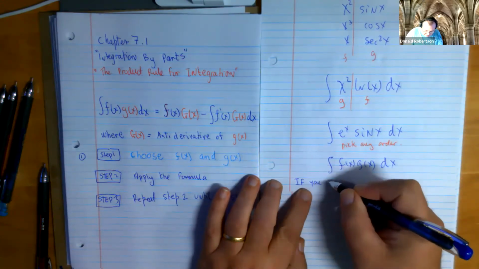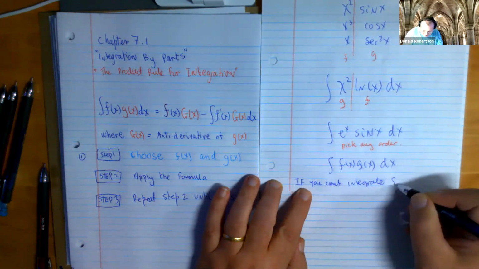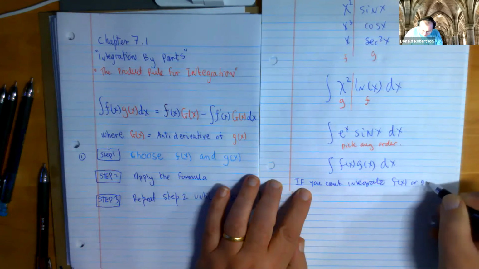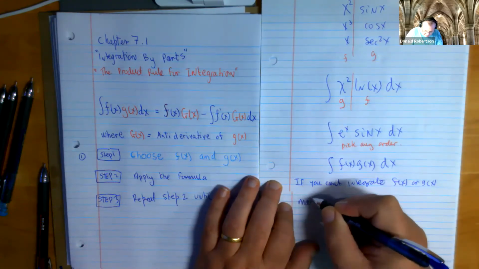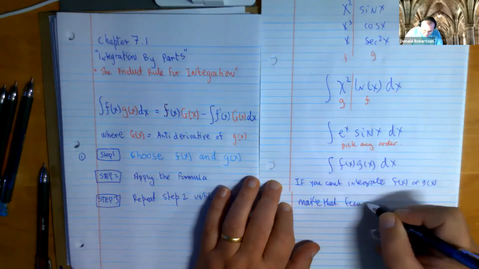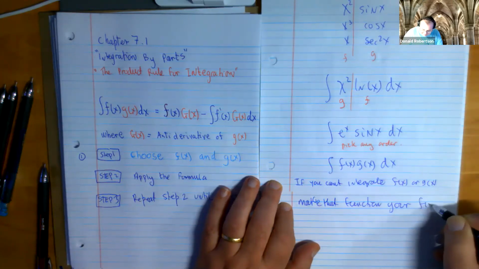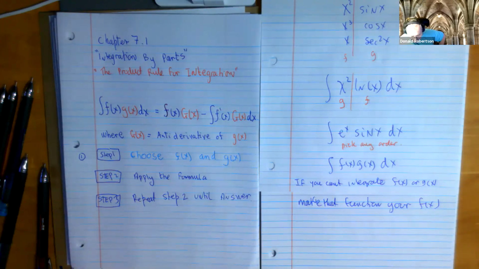If you can't integrate one of them, make that function your f of x. So if you can't integrate the first one, make that your f of x. If you can't integrate the second one, make that your f of x.